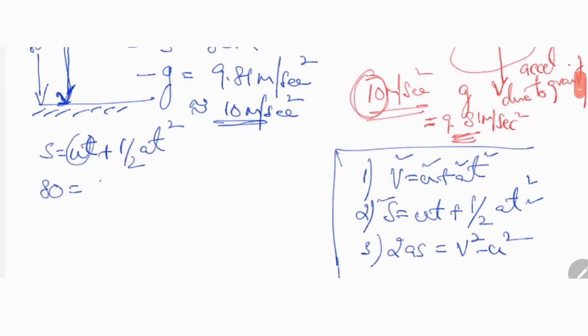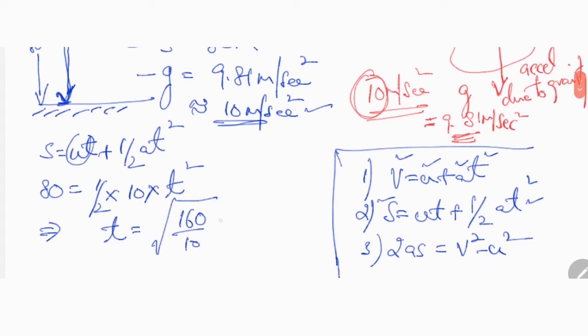Therefore this will be equal to half, acceleration is 10 meters per second square, into t square, which we don't know. Therefore this implies t is equal to the square root of 160 by 10, which is the square root of 16. This is equal to 4 seconds.